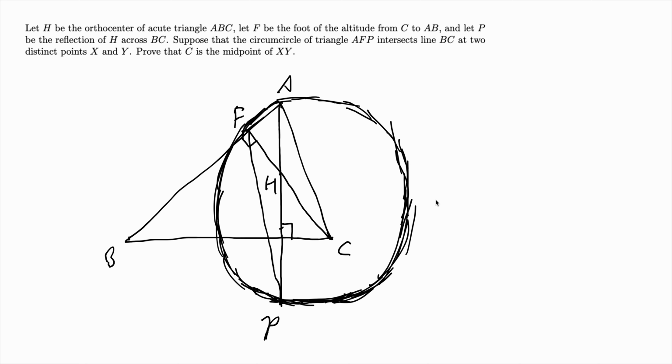And it intersects line BC. Line BC is this one, and the circle intersects it at 2 points.